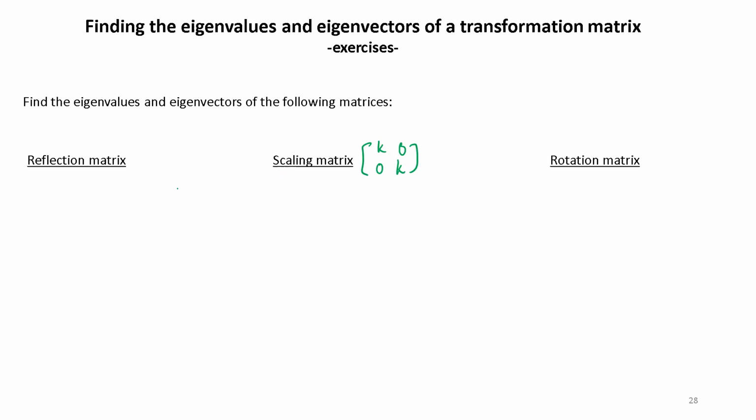Okay, then what I have is k minus lambda, 0, 0, k minus lambda. Right, so this one is just (k minus lambda) squared equals 0. So that means lambda equals k. So this is a repeated root.